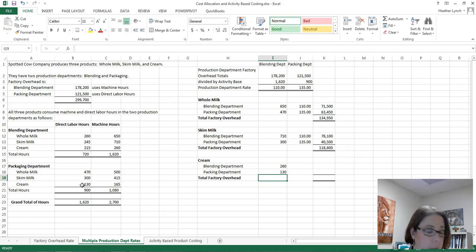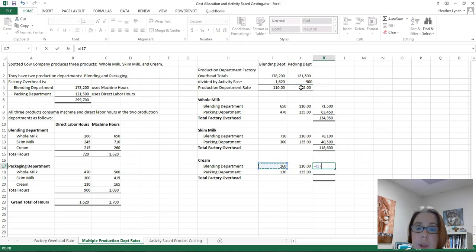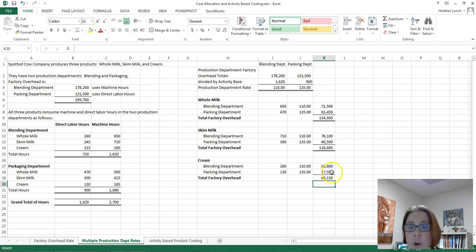So that one's 130. Again, your rate of 110, your rate of 135. So then we can multiply each of these out. And what that shows us when we add it together, $46,150 is for cream.